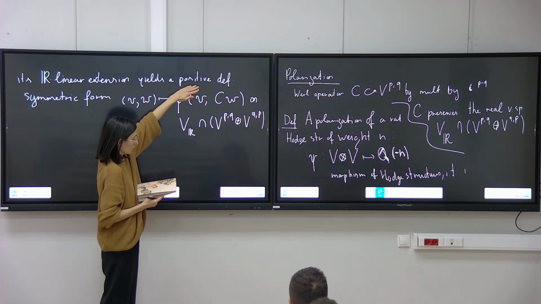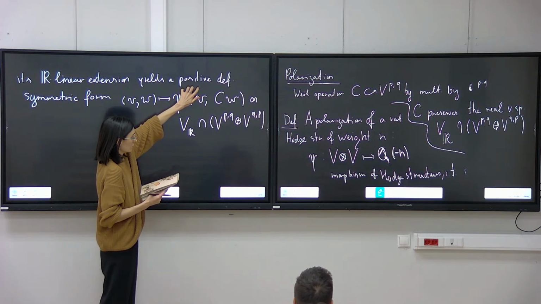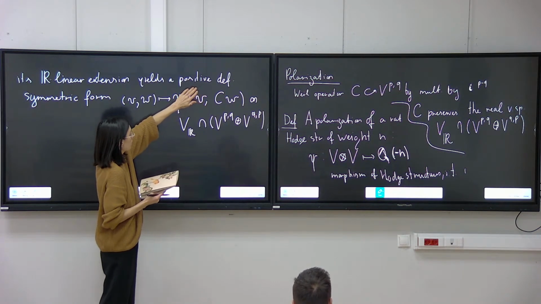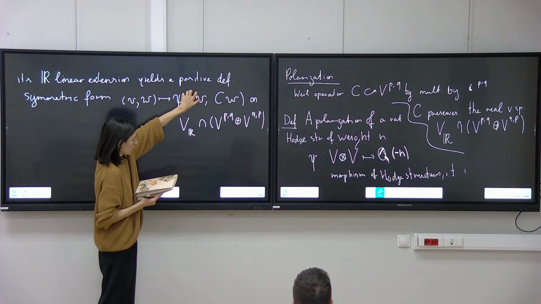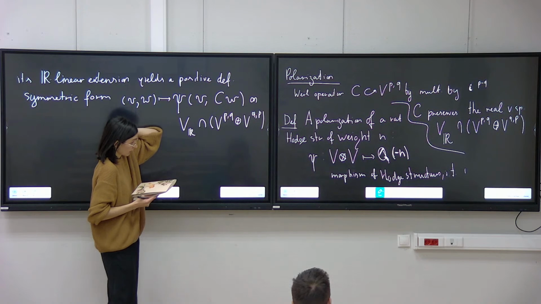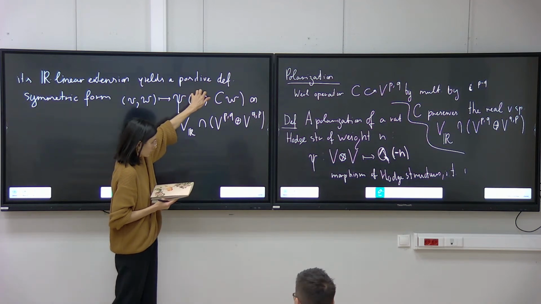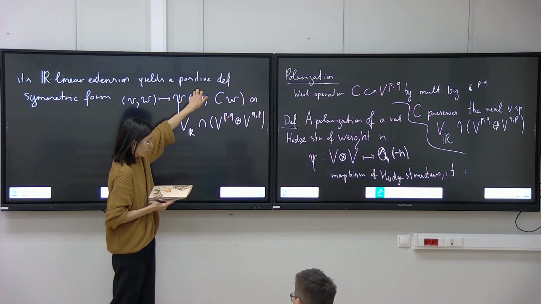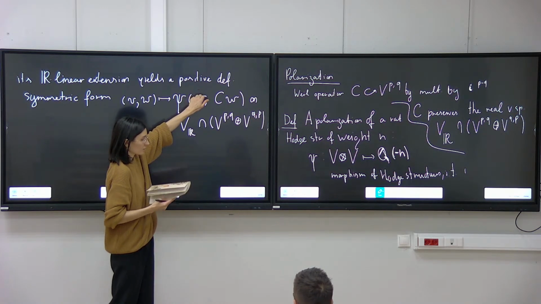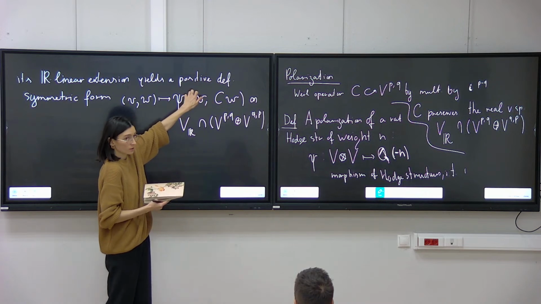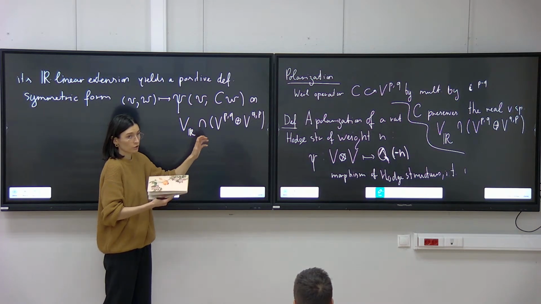Let me just remark that positivity here is important because when we work with cohomologies of a Kähler variety, this positivity will ensure that you get something ample. So this positivity will give you an embedding in projective space.